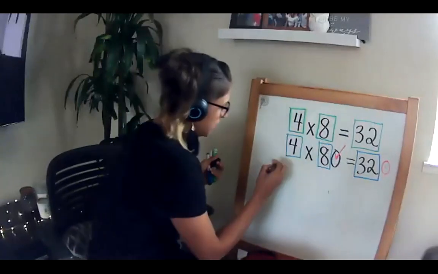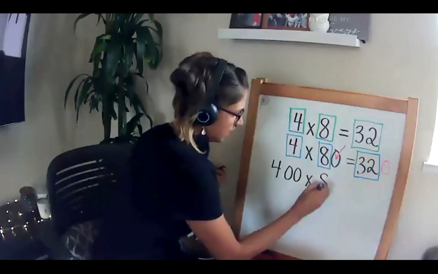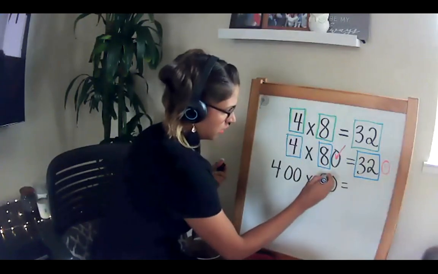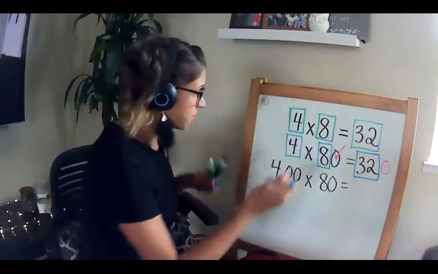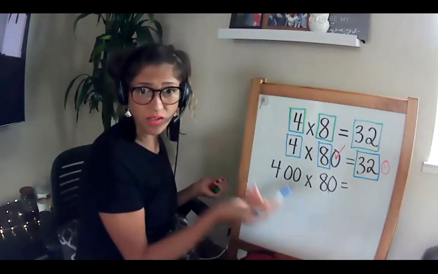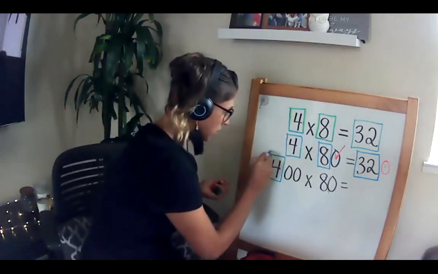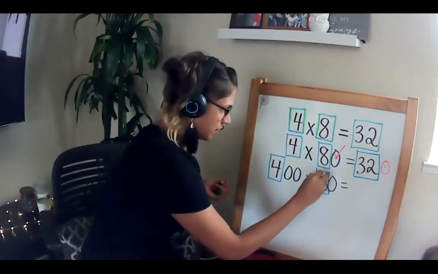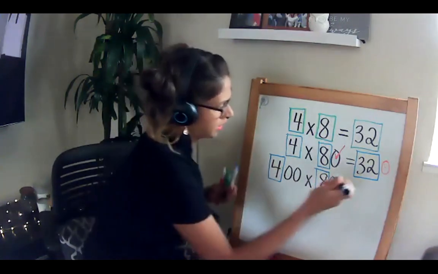What if I did 400 times 80? Well, I'm going to follow those same guidelines. Box my basic facts. My basic facts are the times tables that I can do mentally. 4 times 8 is, again, 32.